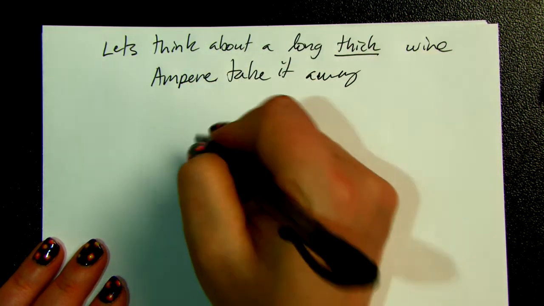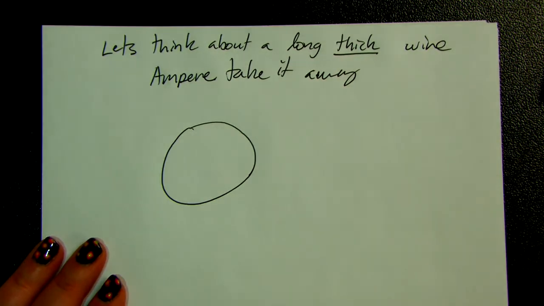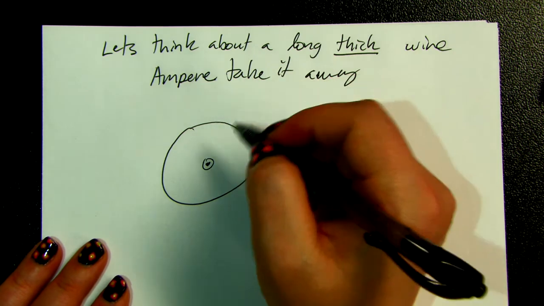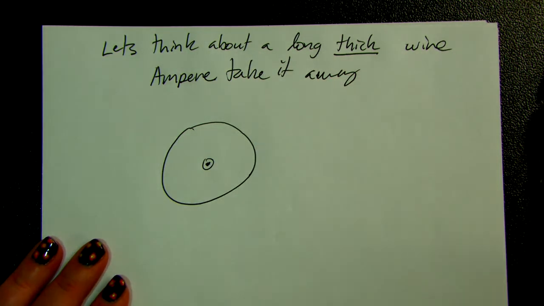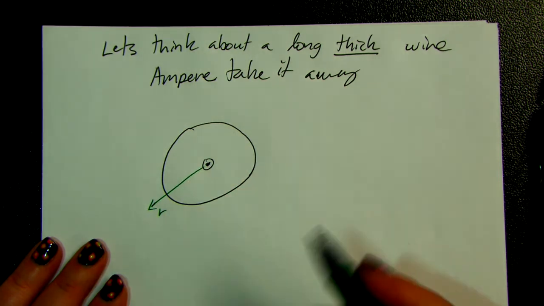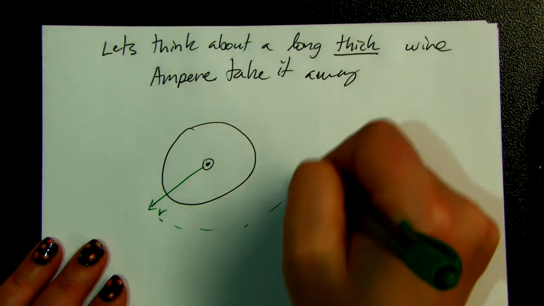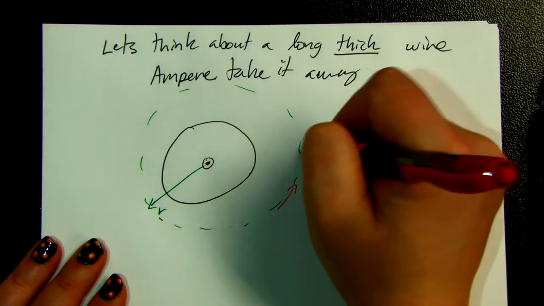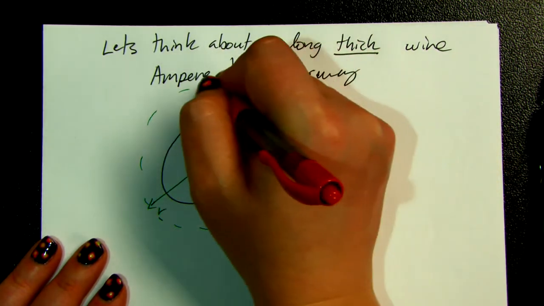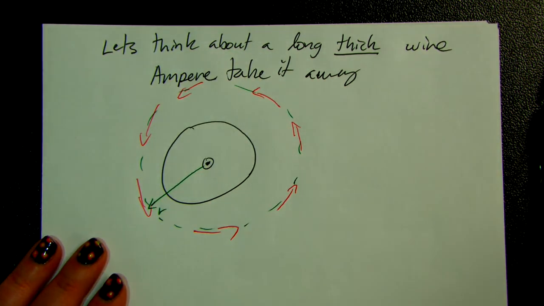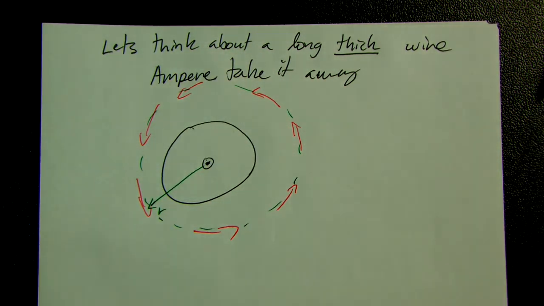All right, so here's our wire. See, it's nice and thick. We've got some current. Now we're going to look at some distance r. Here's the path. And then, of course, we've got our magnetic field hanging out, curling around that wire. There we go. Beautiful. All right, so let's break this down.